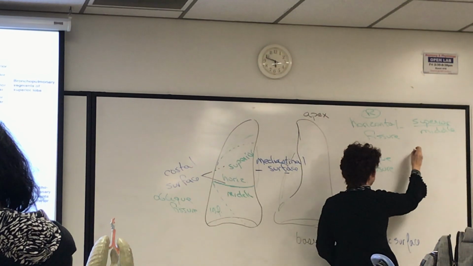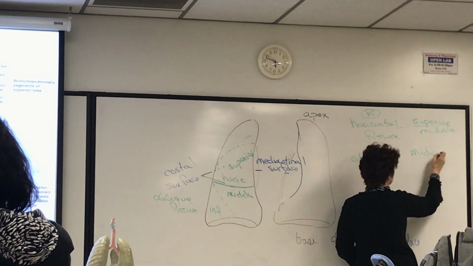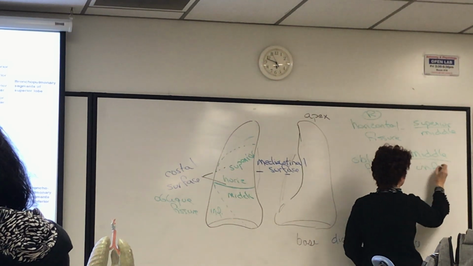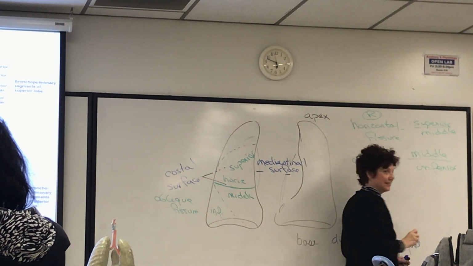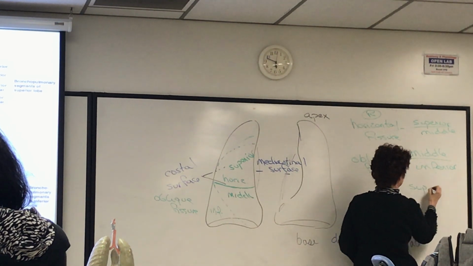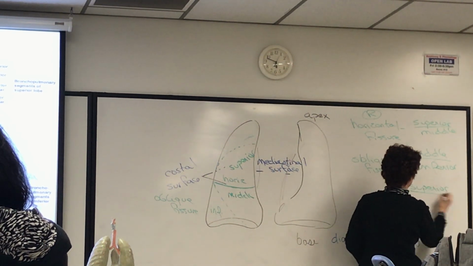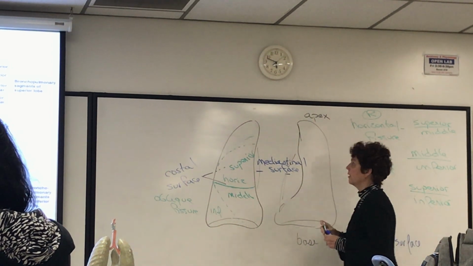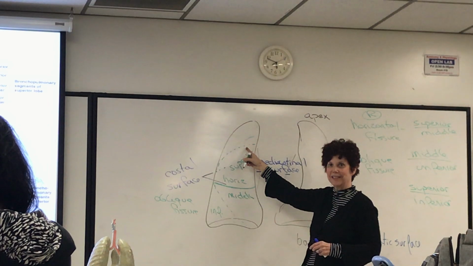Oblique fissure separates middle lobe from inferior lobe, but it also separates superior lobe from inferior. And it does that on the posterior surface, right?